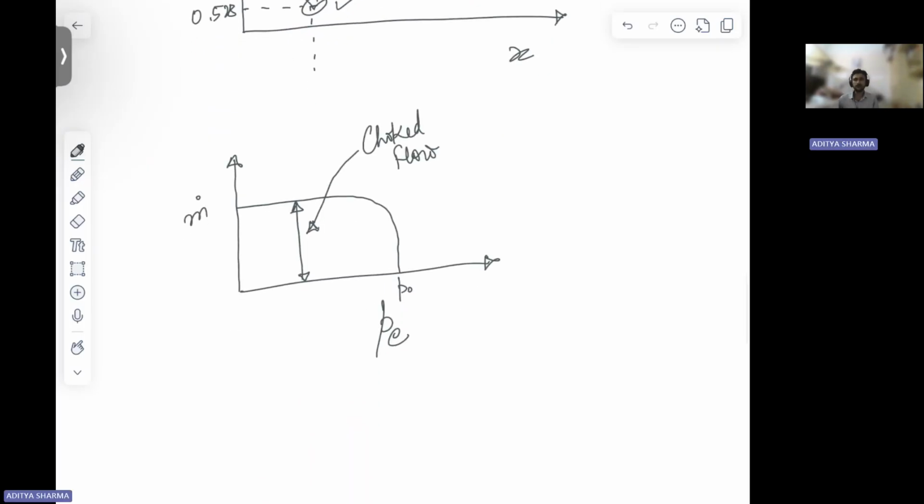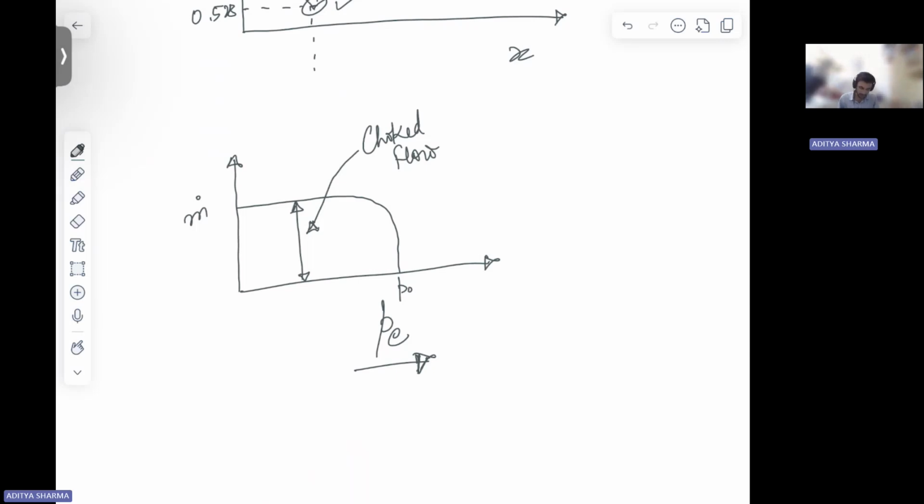Now, this here is exit pressure on your x-axis. If this pressure keeps on reducing, your mass flow rate starts moving towards your choked flow.